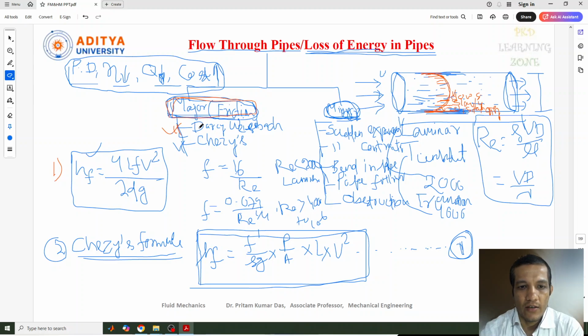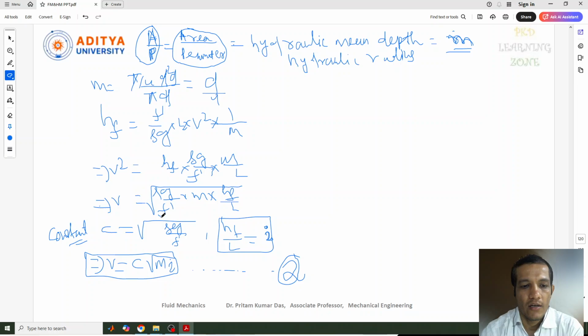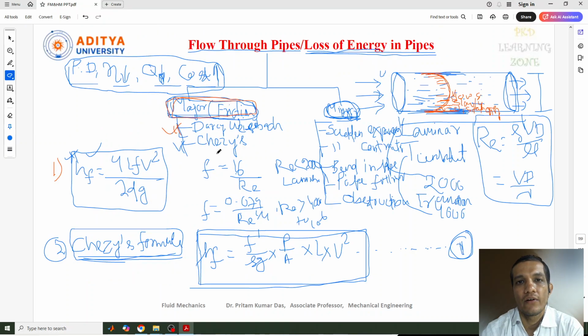To calculate this major loss, two methods are there: one is Darcy-Weisbach's method, and the other is Chezy's method. Darcy-Weisbach's method we have already derived and discussed previously, and now we have discussed Chezy's formula, how to identify the losses in the pipe due to friction.